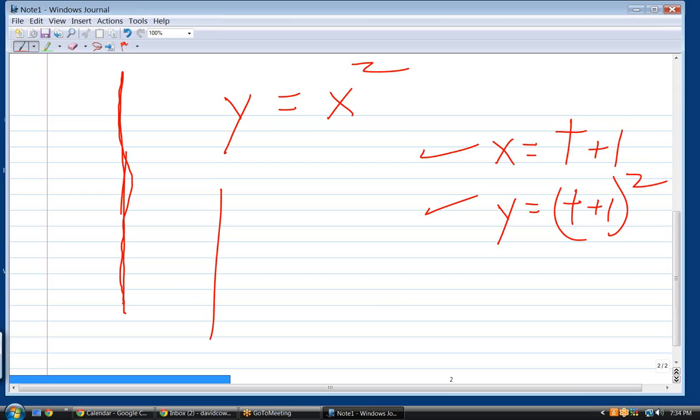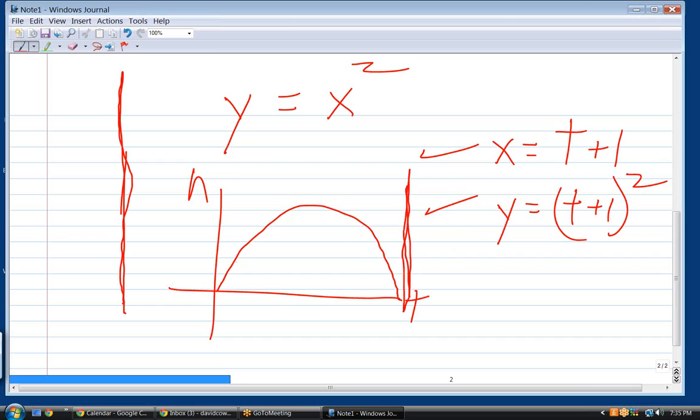But if I plot that parametrically, where this is time and this is height, well, that ball does something like this. So when I refer to it with parametric equations, it's easier to see what the ball actually does. In other words, it goes up to this height and then it comes back down. Even though it's going straight up and straight down, I can't see much when I draw it going straight up and straight down on just an XY plane, but I can see a lot more if I turn it into a parametric equation.